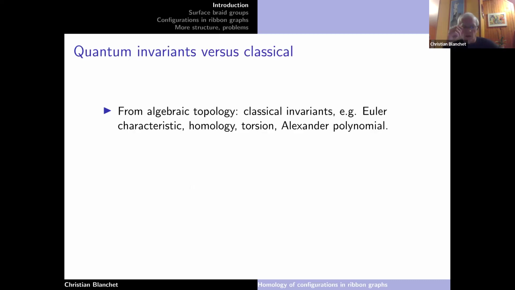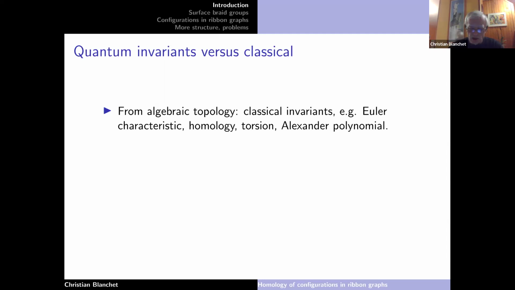So the question motivating this program is quantum versus classical. As we know, from algebraic topology, you get a classical invariant, for example, the Euler characteristic, homology, torsion, Alexander polynomial.